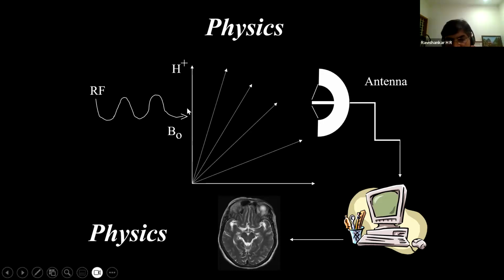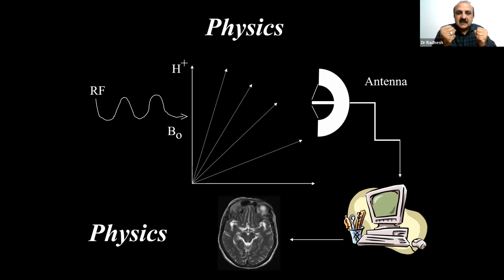Yes, sir. So now, what happens when the radio frequency pulse hits the hydrogen proton? The proton gets energy, and this energy, what the proton gets, helps it to tip to the horizontal plane. Before that, it was aligned along the external magnetic field.